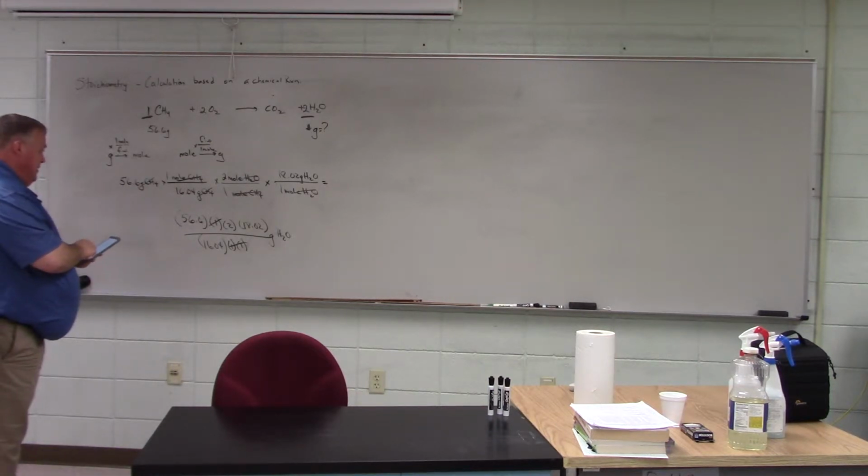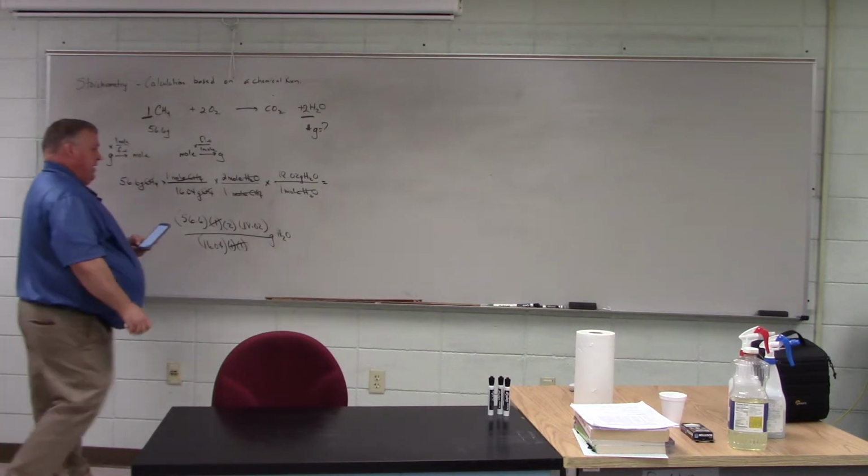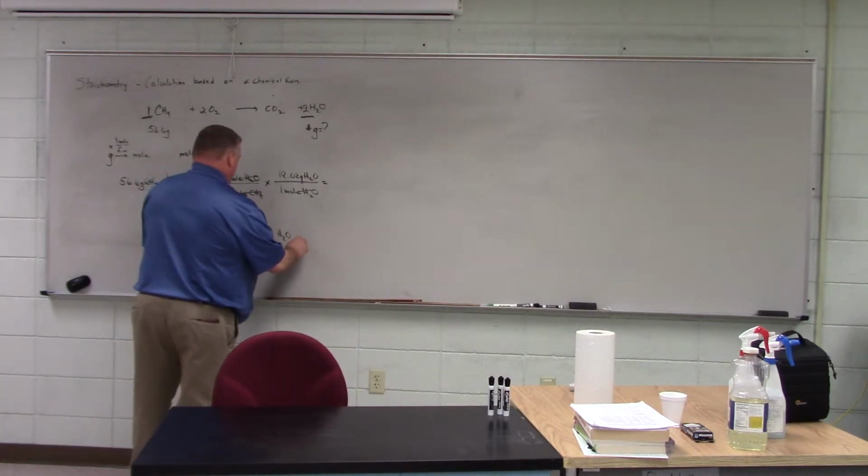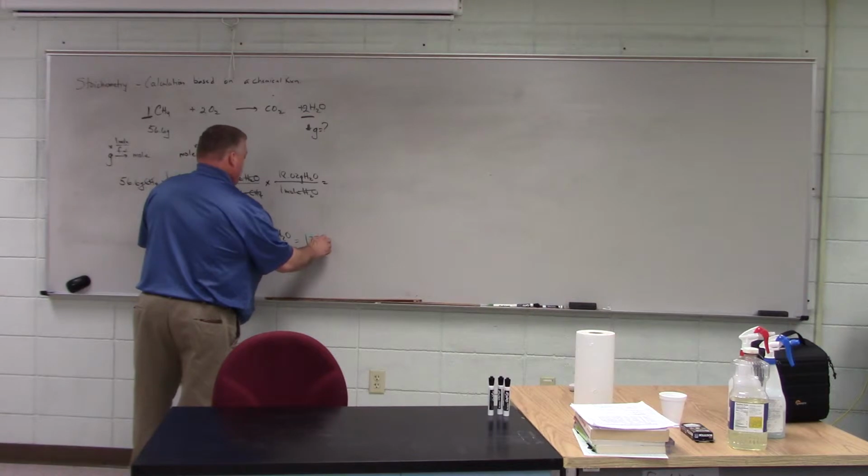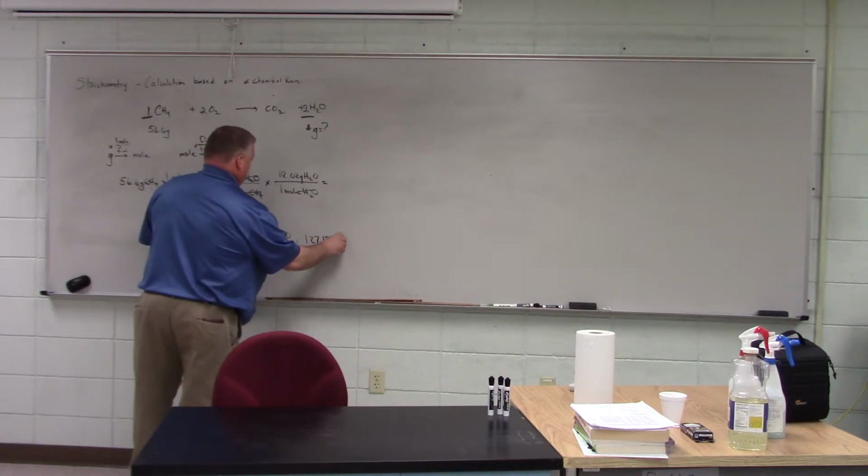Let's see, 56.6 times 2 times 18.02 divided by 16.04, and we get, if I did my math correctly, 127.174 grams of H2O.